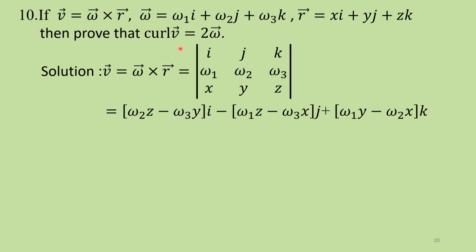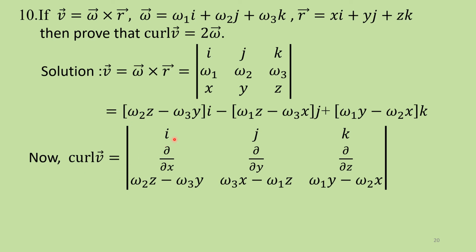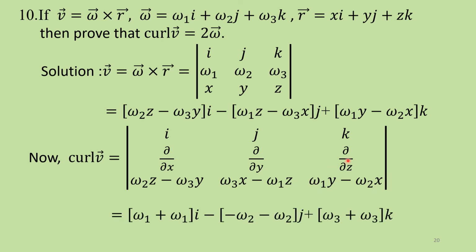Now curl of v means del cross v. So del cross v, that is determinant i j k, del components dou by dou x, dou by dou y, dou by dou z. The components of v are here: omega 2 z minus omega 3 y. Then the component of j, with the minus sign, gives omega 3 x minus omega 1 z, and the component of k I have written here, omega 1 y minus omega 2 x. So the determinant: i into dou by dou y of this, partially differentiating with respect to y, treating x constant, gives omega 1, minus dou by dou z of this, which means minus of minus omega 1, so the component of i is 2 omega 1.